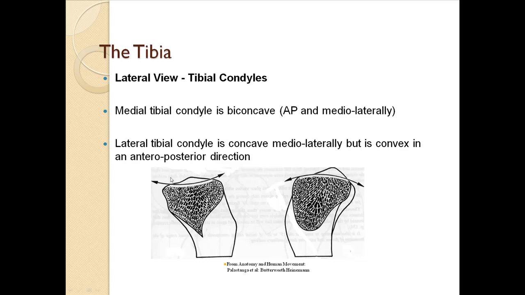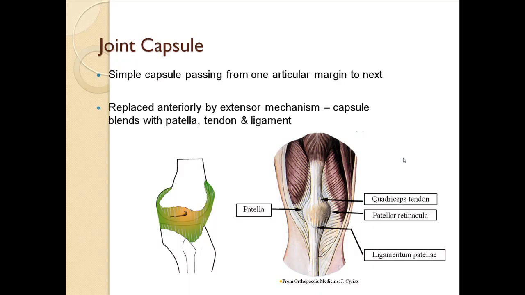The medial tibiofemoral joint is inherently more stable than the lateral tibiofemoral joint. The lateral tibiofemoral joint is akin to balancing two balls upon each other, whereas the medial tibiofemoral joint is more akin to balancing a ball on a saucer. When we look at the joint capsule of the knee joint, it's a relatively simple joint capsule.